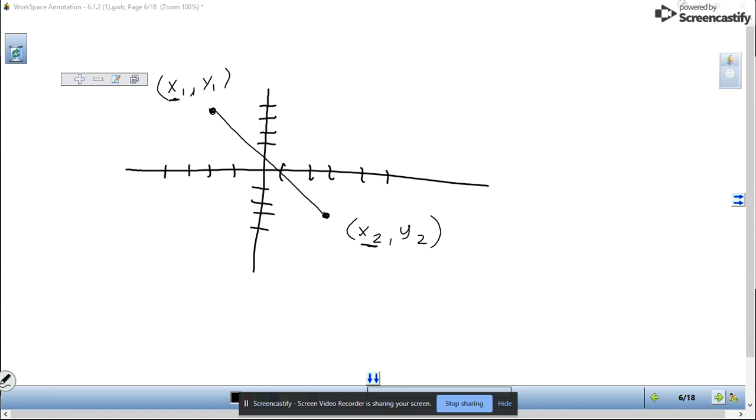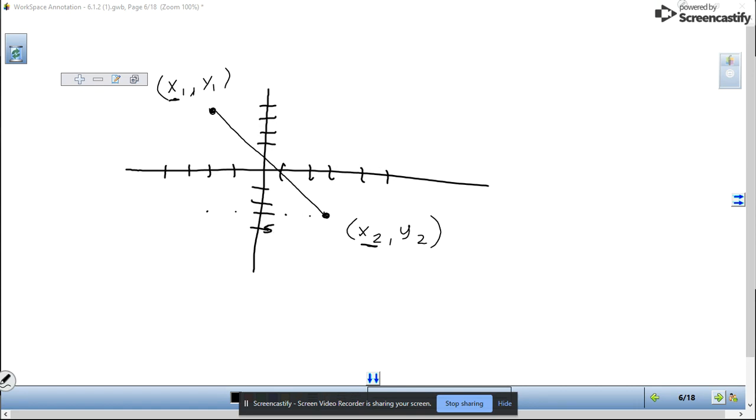What I want you to understand is, if you think about this x value being 3, and this x value being -2, the difference between them is 5. It's 1, 2, 3, 4, 5.